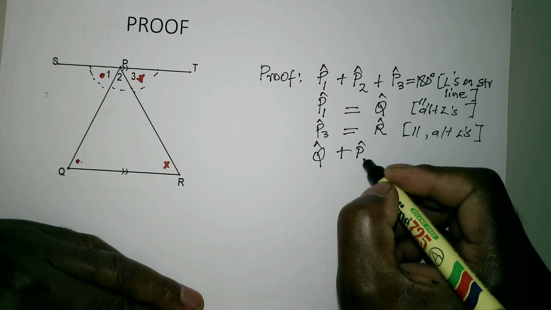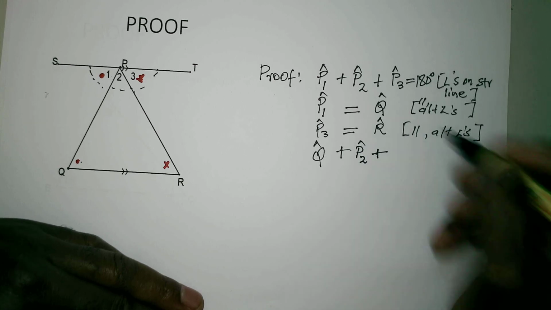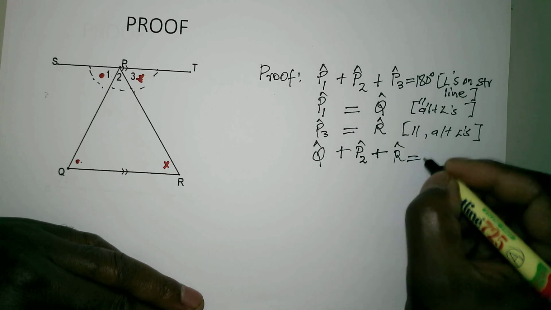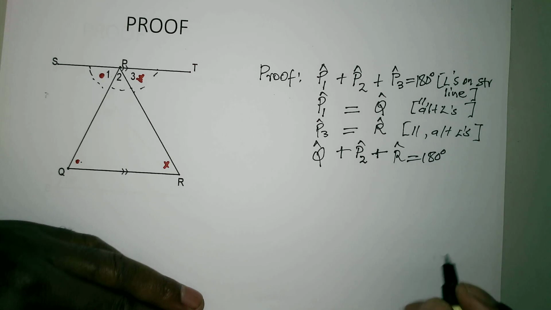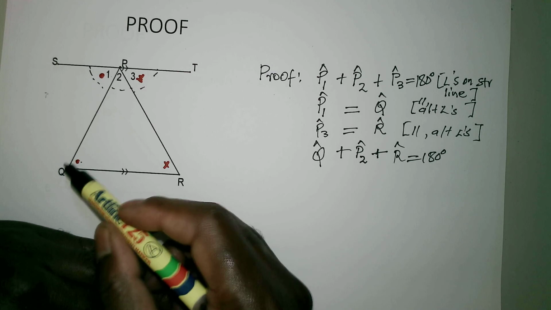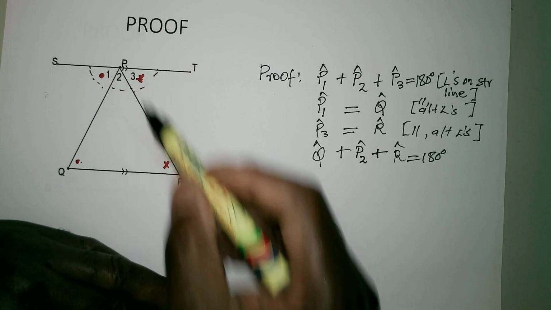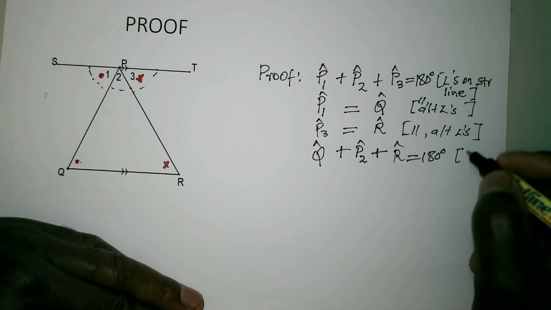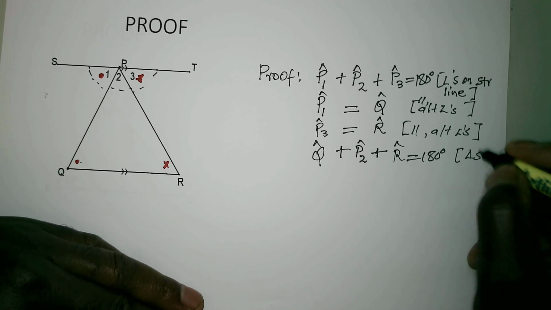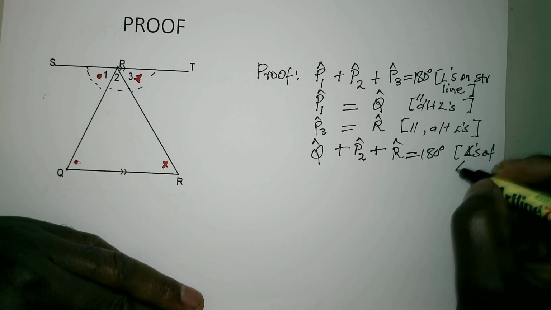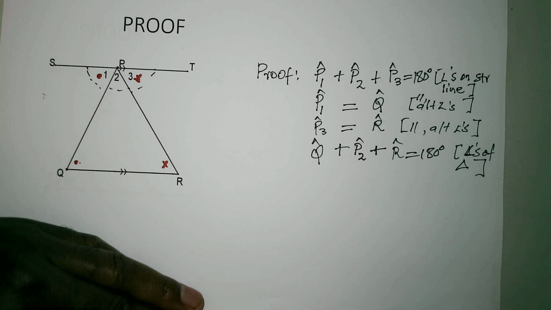So P3 is now going to be replaced by R. Now we were able to find that Q plus P2 plus R is 180 degrees, and this yields that the angles of a triangle give us 180 degrees.